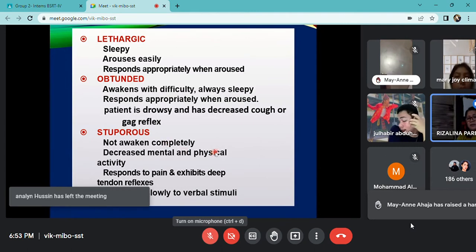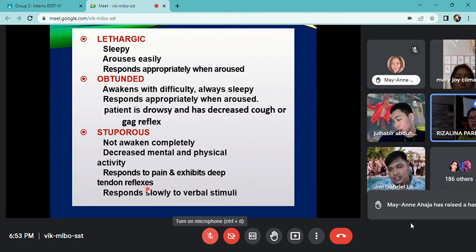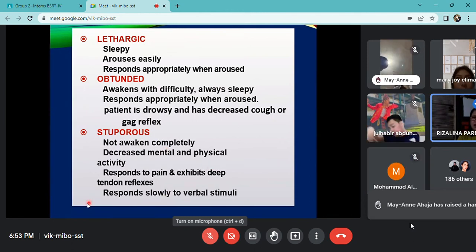Stuporous: not awakened completely, decreased mental and physical activity, responds to pain, and exhibits deep tendon reflexes. So we need to assess the deep tendon reflexes if we suspect a stuporous level of consciousness. Responds slowly to verbal stimuli.